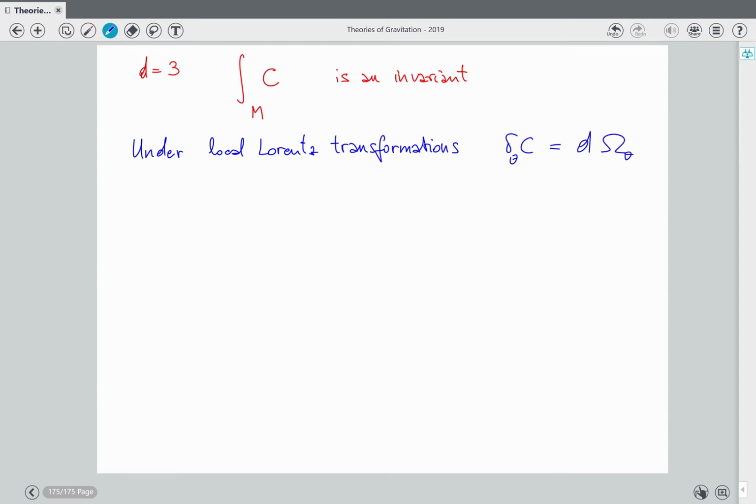You can prove that the variation under Lorentz, infinitesimal Lorentz transformations, even global Lorentz transformations actually, of this form is d of something.